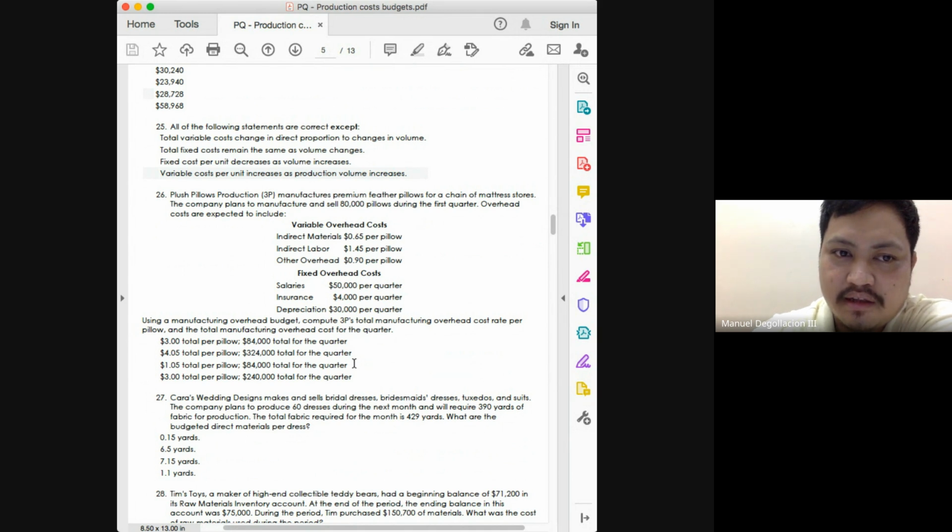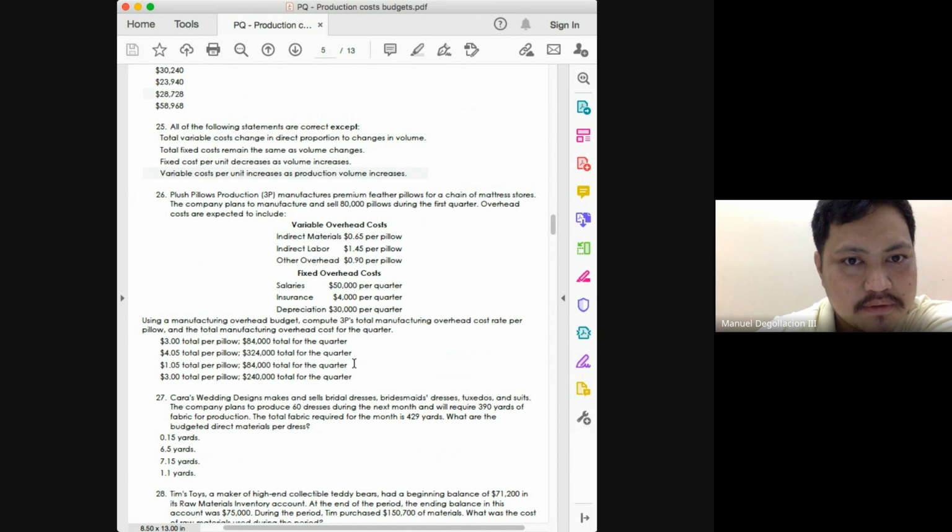So if it's not a direct material, if it's not a direct labor, everything else related to the cost of production would go to your overhead. So remember that indirect materials and indirect labor will form part of your overhead cost. Okay. So basically, the challenge here would be just the fixed overhead cost.